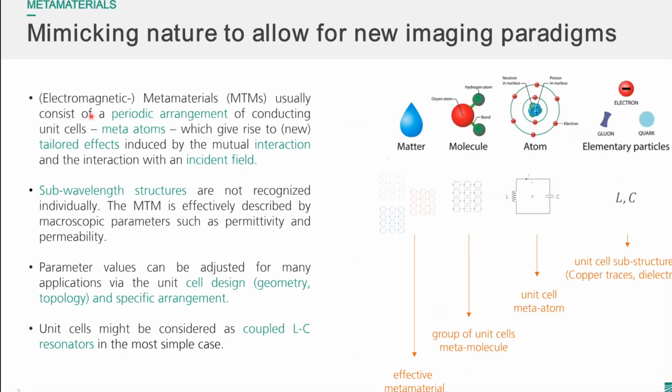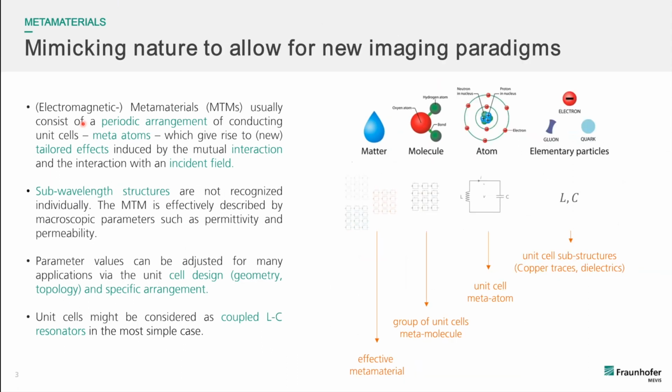As you know, a typical material will consist of some atoms, and those atoms are maybe elementary particles, and those atoms, they will just come together to build molecules, and then you have your material, you have your matter, which has some dedicated electromagnetic properties and behavior, depending on how the internal structure of the molecules or the atoms are.